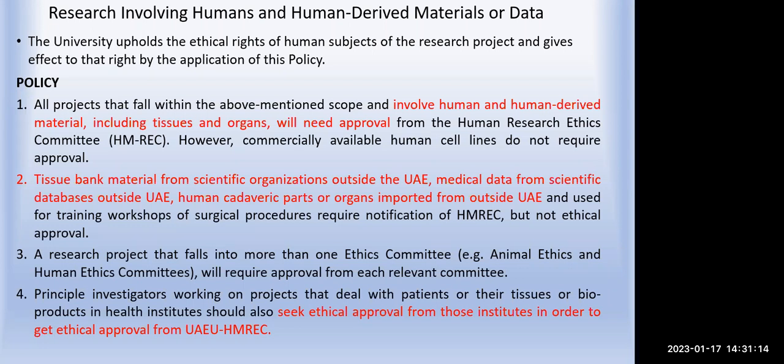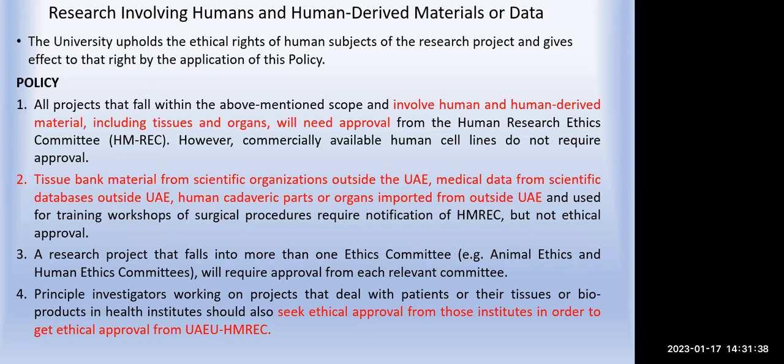A research project that falls under more than one ethics committee. For example, you are working on research that involves human and animal. So you need to apply to both the human and animal research ethics committees. The principal investigator working on a project that deals with patients or their tissue byproducts in a health institute, this is also very important.